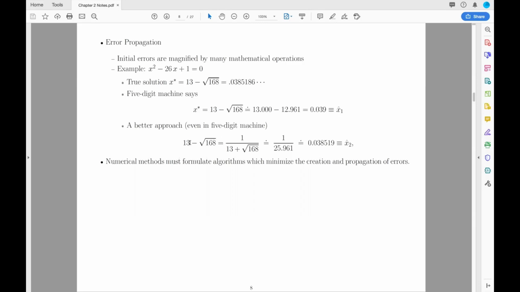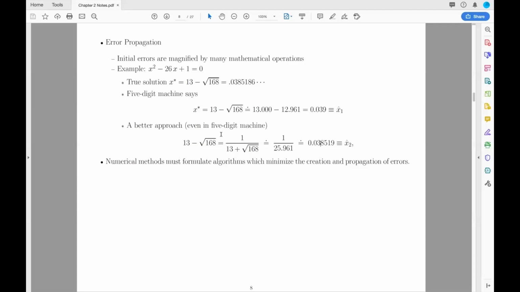The thing is that there are 2 ways of writing the answer. You could write 13 minus the square root of 168, or equivalently 1 over 13 plus the square root of 168. If you do the second way, which is mathematically equivalent, you end up with 1 over 25.961, which is 0.0385119, which equals the truth up to 5 digits.